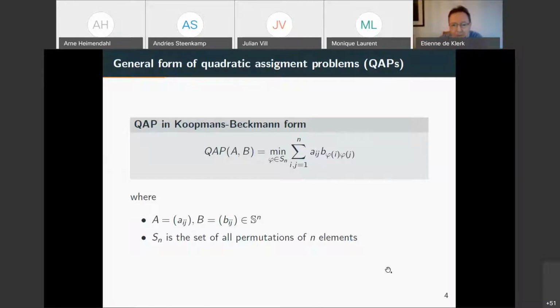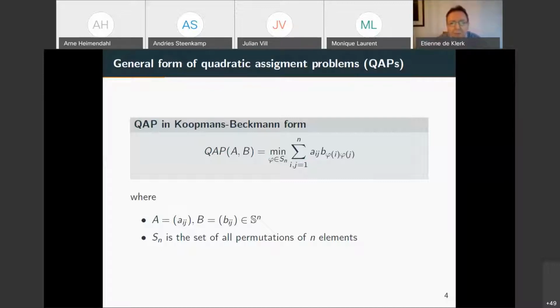So this looks like the Euclidean inner product of the matrix A with the matrix B, but we allow ourselves to first permute the rows and columns of the matrix B through a permutation phi, and then we take the minimum value over all possible permutations phi. This problem is actually remarkably useful.